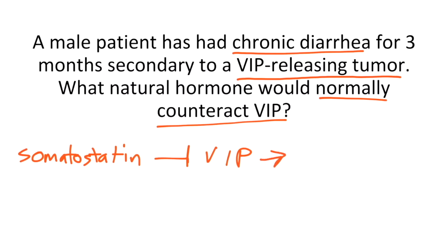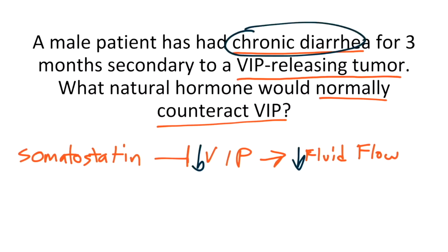Normally, VIP increases fluid flow in the intestines, but somatostatin will decrease the release of VIP, so there will be decreased fluid flow. A VIPoma causes oversecretion of VIP, so normal amounts of somatostatin would be insufficient to counteract the effects of excess VIP. So it would make sense that this patient would have chronic diarrhea, or WDHA syndrome, as a result of excess VIP.